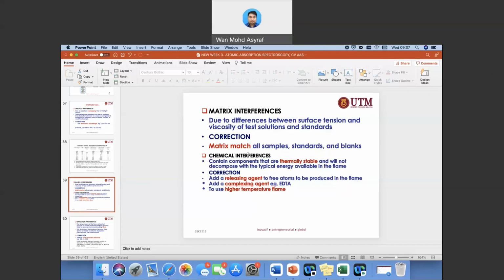The correction is that we need a releasing agent to free the atoms to be produced in the flame, and also maybe add a complexing agent such as EDTA, which can convert the thermally stable components into a thermally unstable component so that it can be atomized.